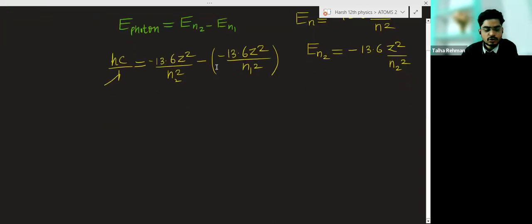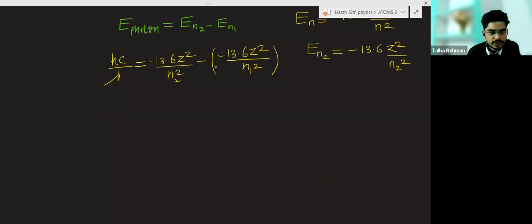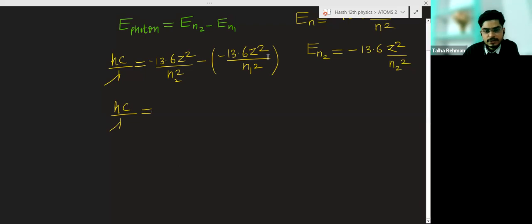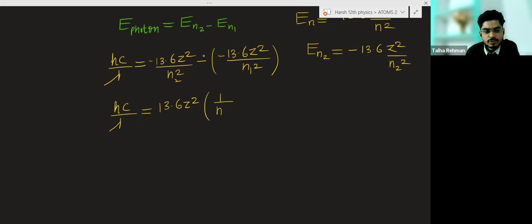Now you can solve it. This is hc by lambda, and this becomes positive, and 13.6 Z square you can take common, and you will have 1 upon N1 square minus 1 upon N2 square.